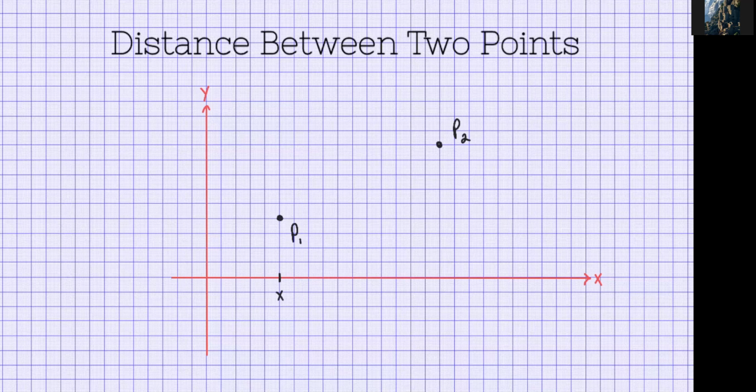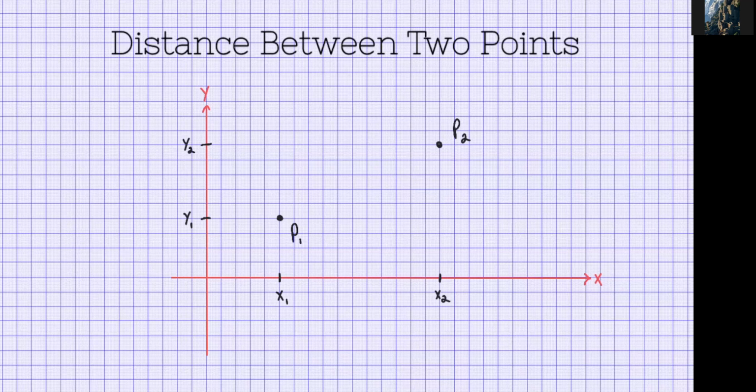So the coordinate on the x-axis for point 1 will be x1, and on the vertical it will be y1. The same thing for point 2. You will have on the horizontal x2, and on the vertical, on the y-axis, you will have y2.